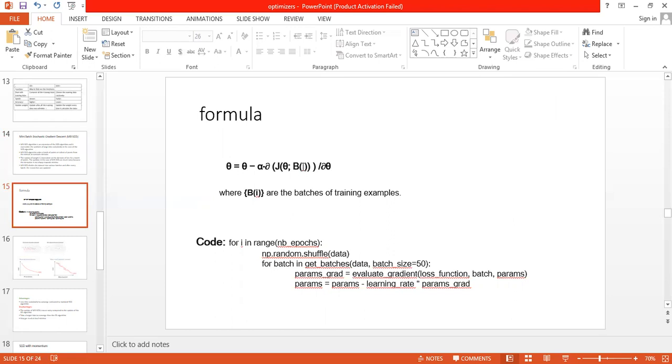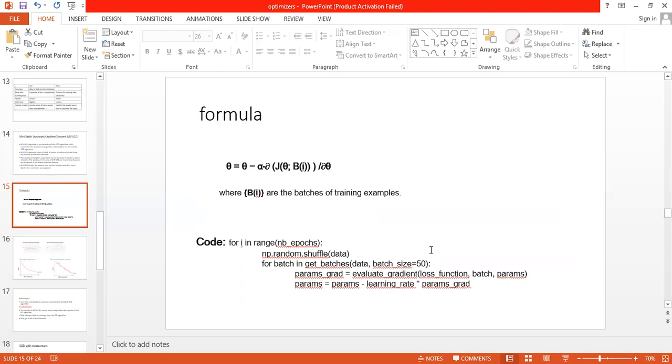Here B of i represents the ith batch, or the iteration of one batch, and J represents the loss function whose derivative is calculated. Theta will be the input values, and alpha is the learning rate. So this is the formula, and this is the code for implementing mini batch SGD. Here we are taking a batch size of 50.